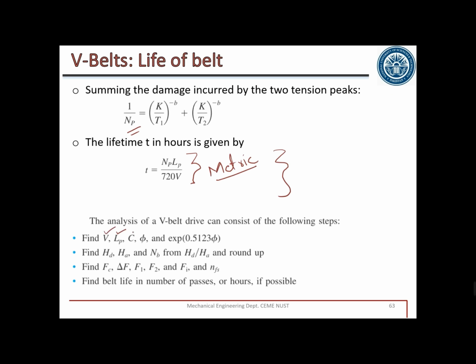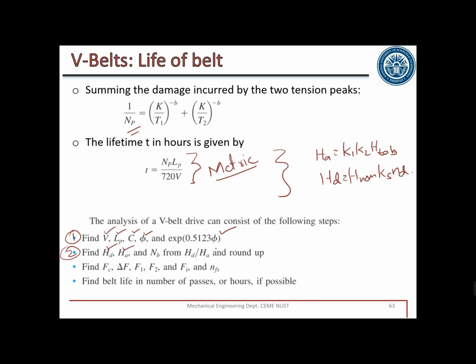So there are 4 steps in solving a V-belt problem. First, calculate V, pitch length, C, phi, and e raised to the power f phi. So that's the first step. In the second step, we calculate the number of belts. For the number of belts, the equation uses H_d and H_a. We have to calculate H_d and we have to calculate H_a. H_a is K1, K2, H tabulated, and H_d is equal to H nominal, Ks into nd.